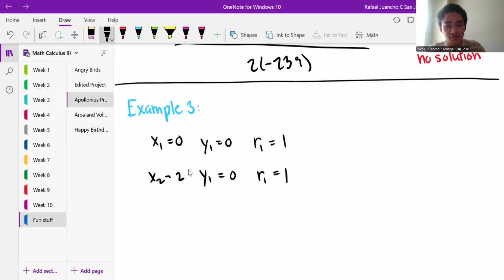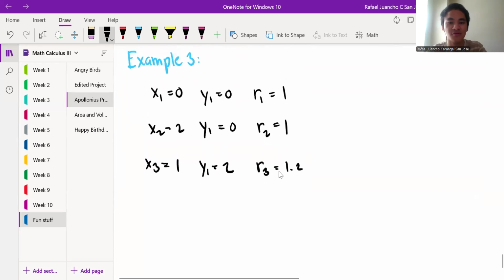These are still the same. And then lastly, this is the one that's a bit different. This is 1. This is 1.2. This is 1.2 squared, right? Yeah, a very random number.